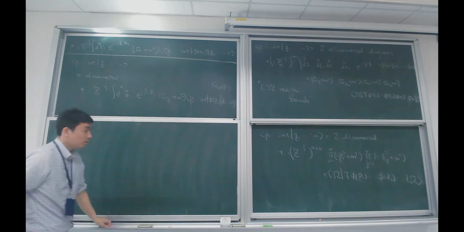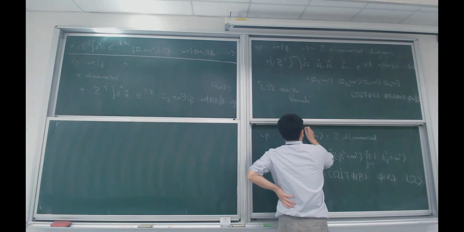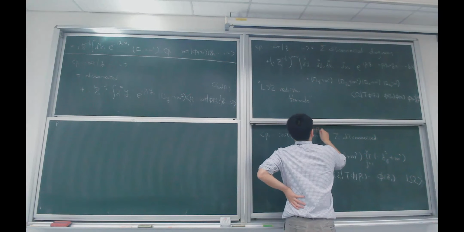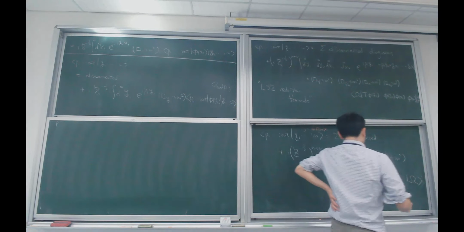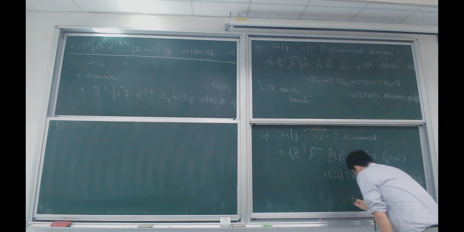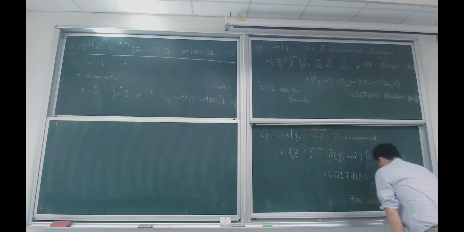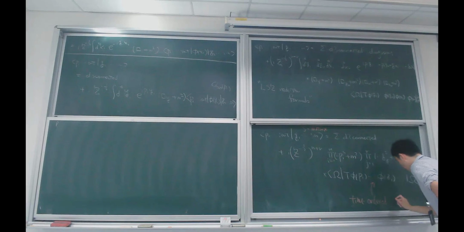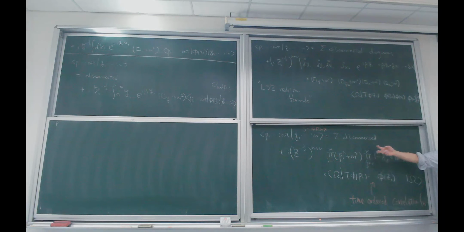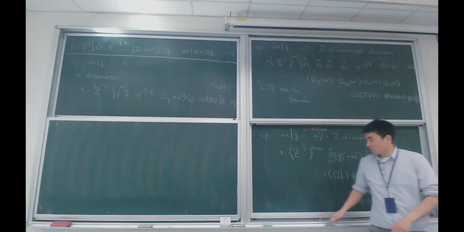So this is the S matrix, and this is the time order correlation function. Okay. So this is a relation between the S matrix element and the time order correlation function. And then they are related by this kind of propagator with the wave function renormalization.